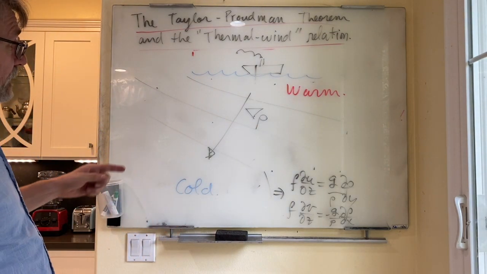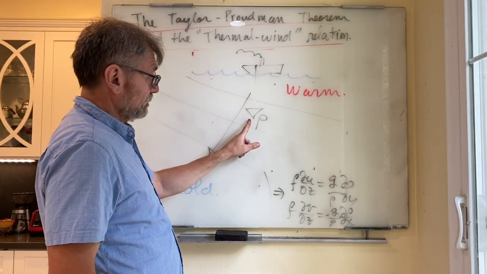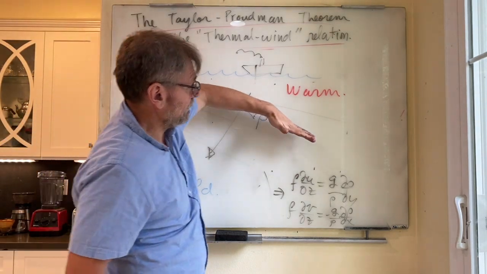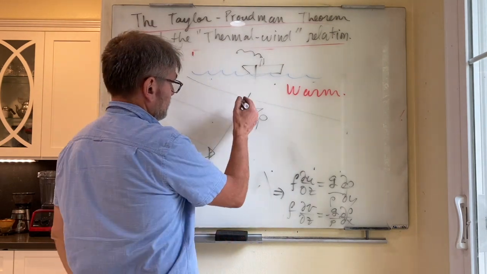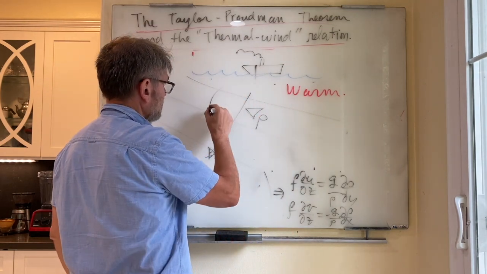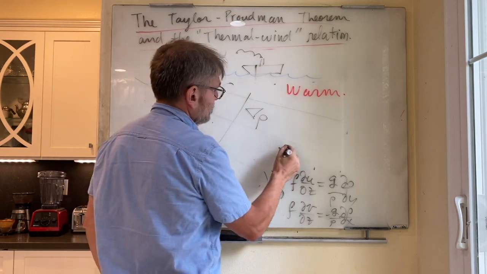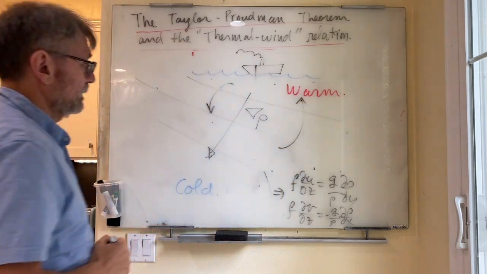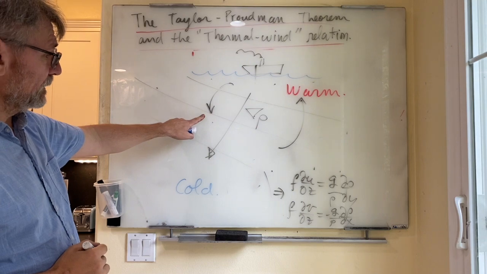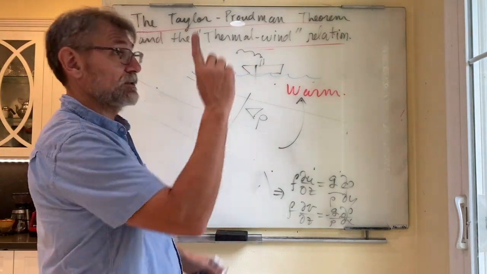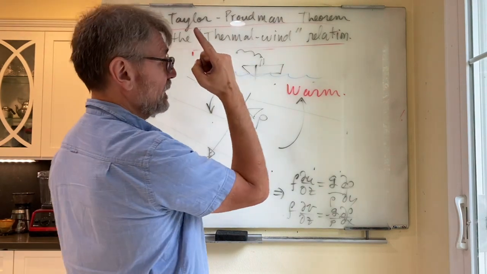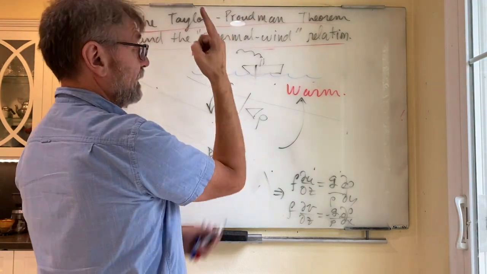And so with that gradient of density, you would think gravity would want to flatten these out, right? There's going to be a torque. It's going to try to bring these ones downwards and these ones upward. And balancing that torque, there has to be this vortex tipping, this planetary vorticity tipping. So if f is spinning this way and we tilt it, we have a shear.